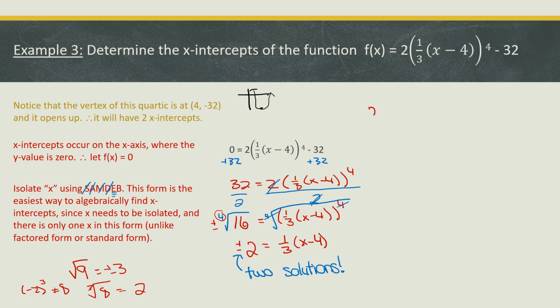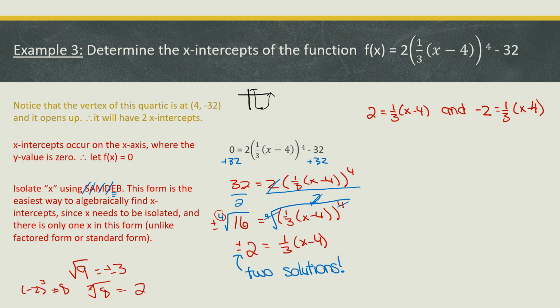We've got positive 2 equals 1/3 times (x minus 4), and also negative 2 equals 1/3 (x minus 4). The whole 'and' versus 'or' is another discussion that we won't have right now. So I've got two different solutions, positive 2 and negative 2.